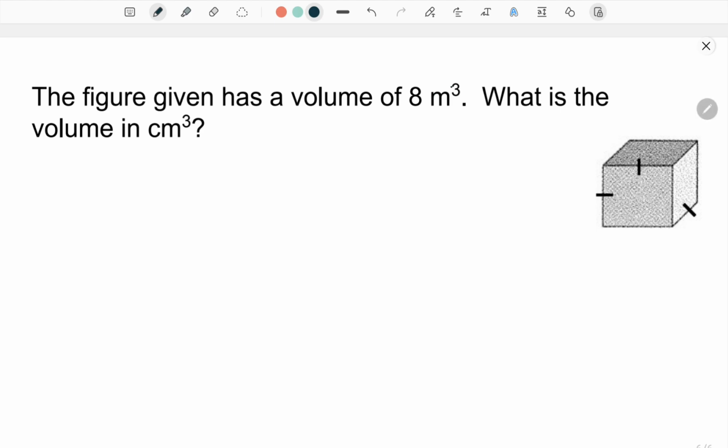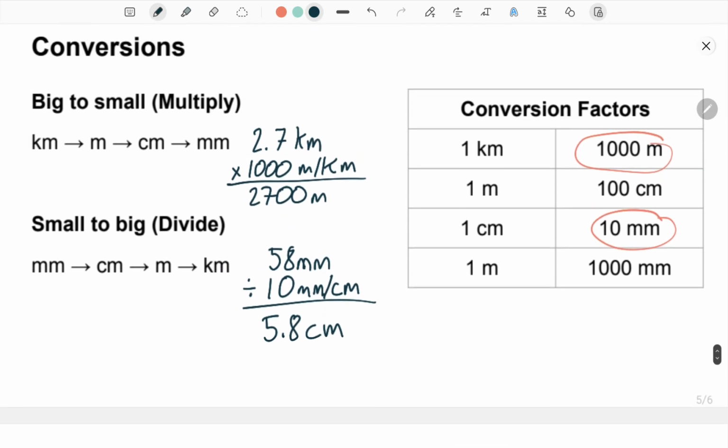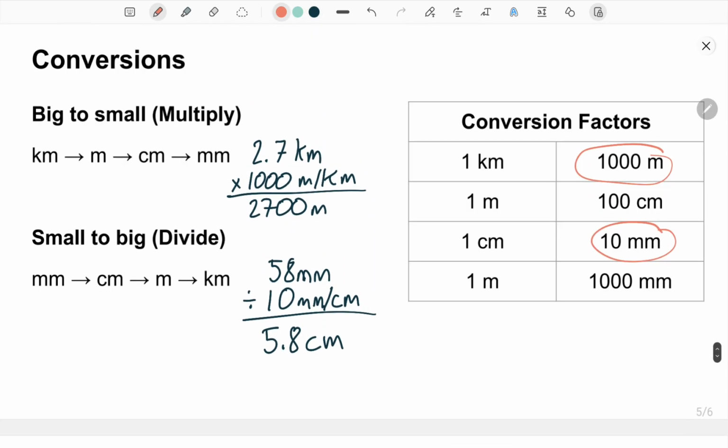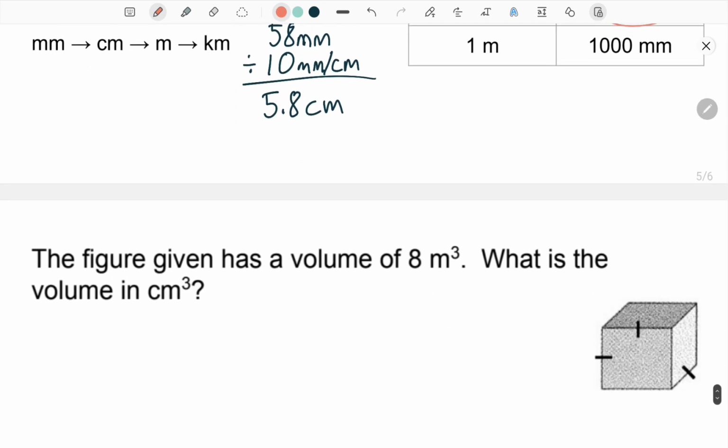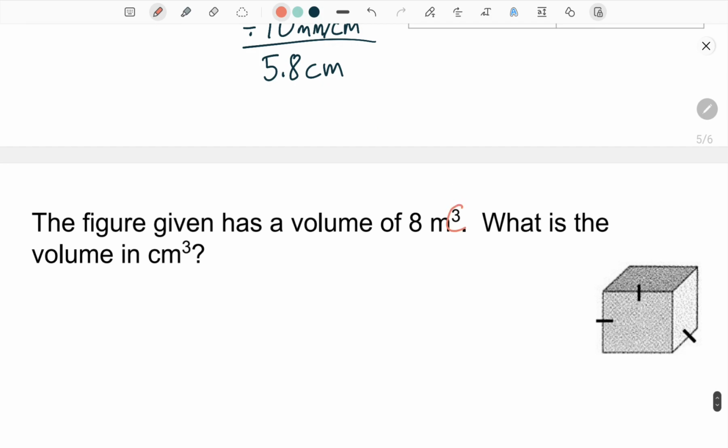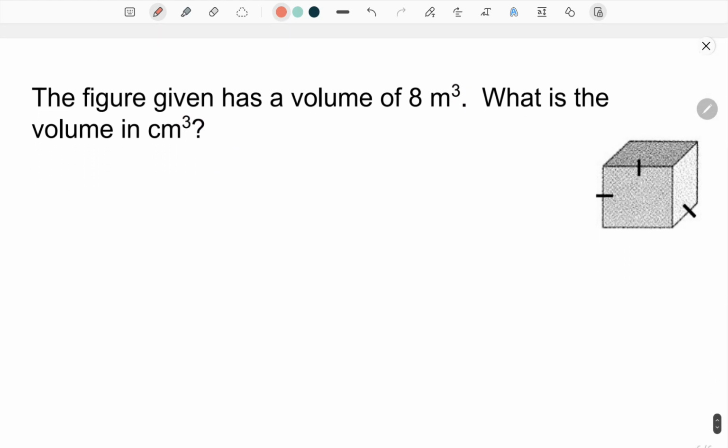Instead of converting straight from 8 meters cubed to centimeters cubed, we have to be careful because in our conversions, if we go back to the table, it's always just a single unit, whether it's centimeters, millimeters, whatever it might be, to the other unit of maybe just meters or maybe just kilometers. But the difference here is we have meters cubed, centimeters cubed. That will change the conversion factor.